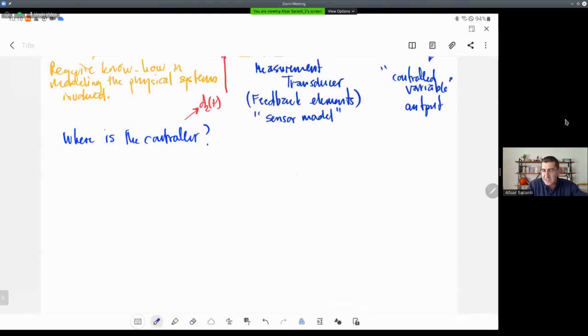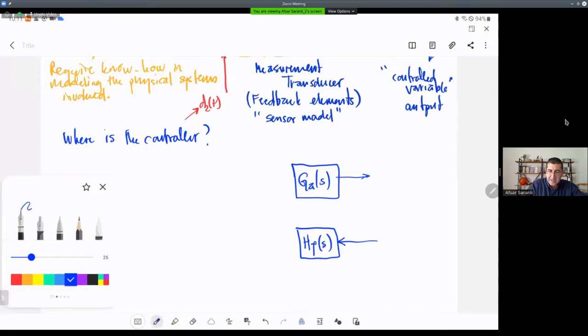Let's say this is my actuator G_A(s), and let's consider that this is outside of the controller. Also, let's say the measurement transfer function H_T(s) is also over here. One way of defining the controller is anything beyond these transfer functions.